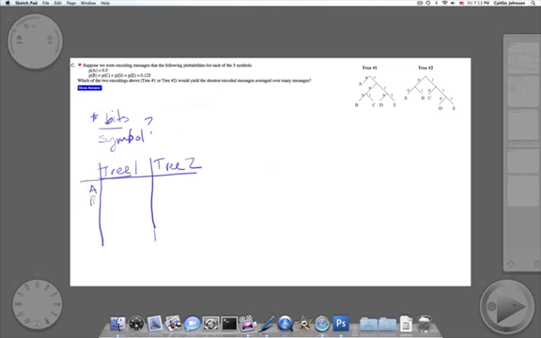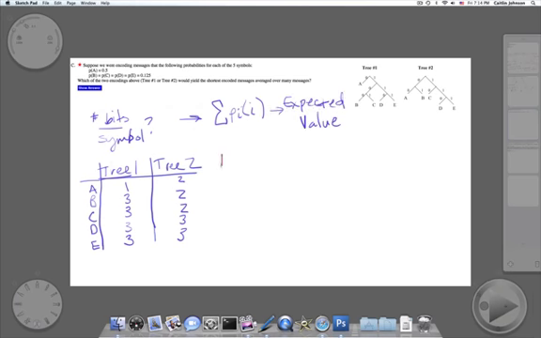For A, B, C, D, and E, correspondingly, in tree 1, we use 1, 3, 3, 3, and 3. Tree 2, it looks like 2, 2, 2, 3, and 3. We know that the sum of the probabilities times the number of bits used for each symbol is going to give us the expected value, the average bits per symbol for each different tree.